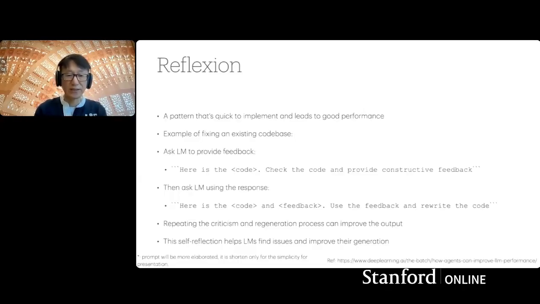You could also prepare a prompt saying, here's the code and the feedback, which came from the model itself, and then ask the model to refactor it. This way of reflection will likely generate better output, or a better fix for the code that you are asking the model about.